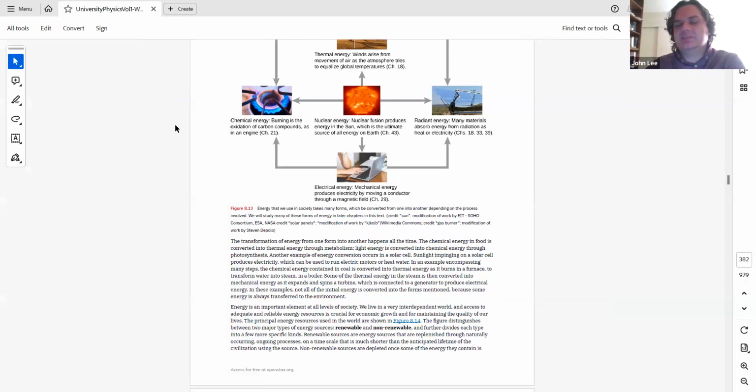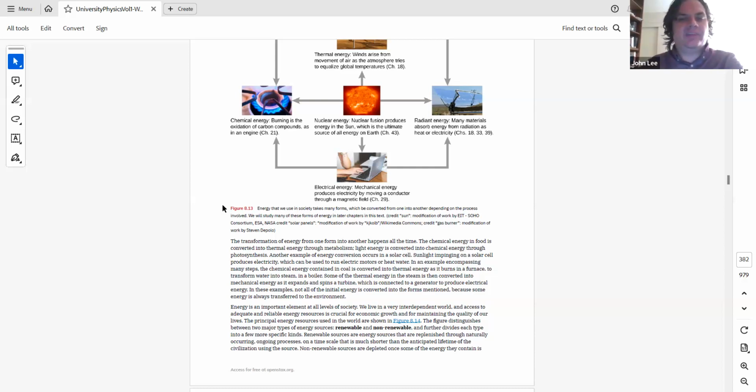All energy is conserved in a physics definition of conservation, but it's not going to be useful energy for us anymore, so it's not conserved in a non-physics idea of what energy is and what energy conservation is.